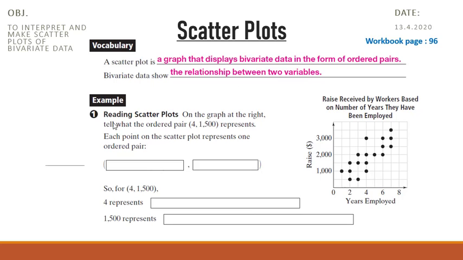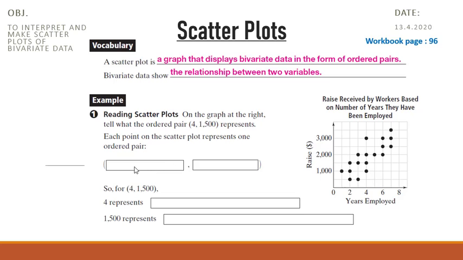Okay, let's solve this example together. I want someone to help me and tell me what the point, the ordered pair 4 and 1500, represents. If you have the answer, tell me first in the chat. 4 represents years. This is Mujtaba. Yes, the 4 represents years employed, and 1,500 represents the raise.